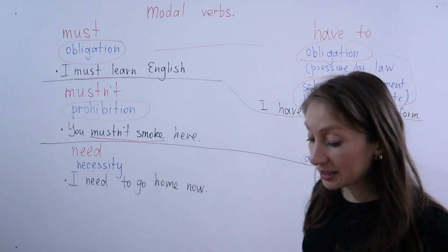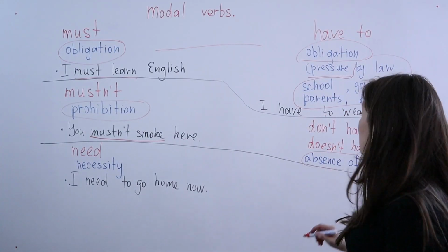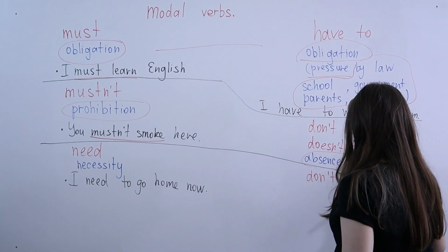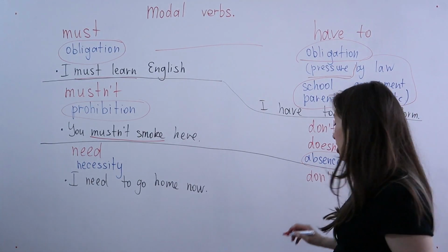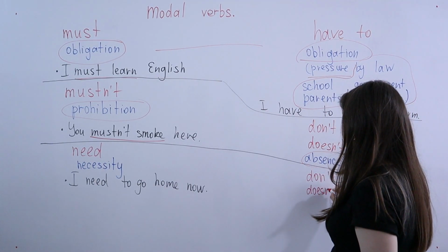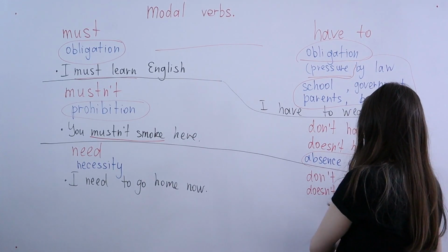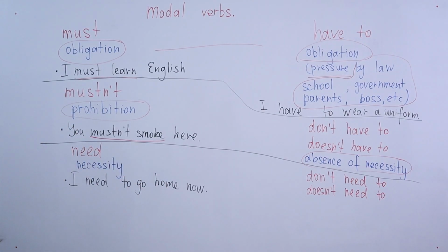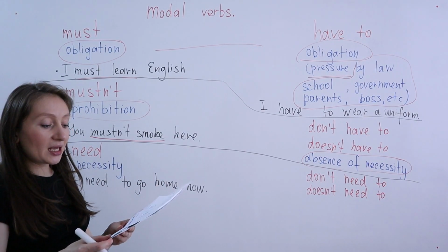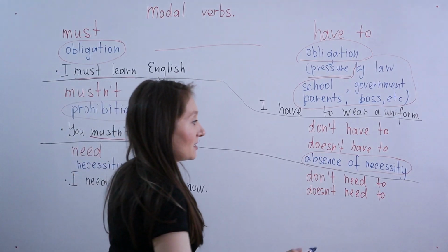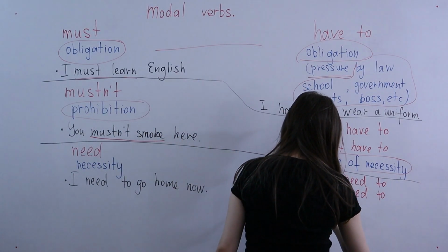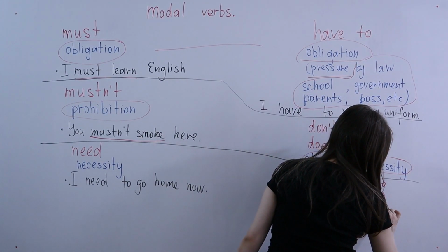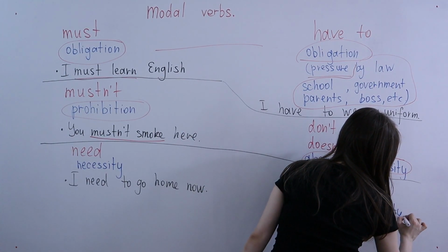Now let's talk about the negative form. Don't need to. Or if it's he, she, it, we say doesn't need to. Right? So, when we have negative construction, the meaning is absence of necessity. The same like don't have to. Let me write it. Absence of necessity.